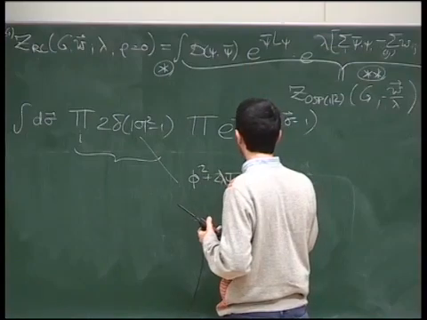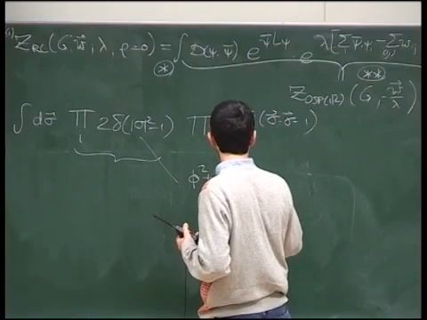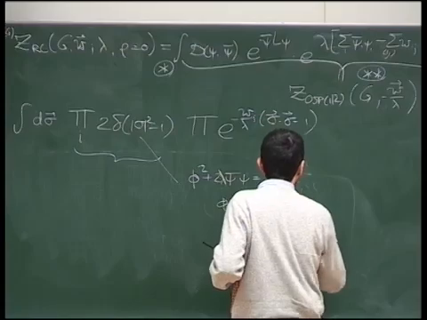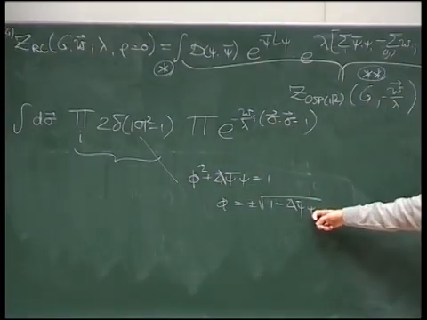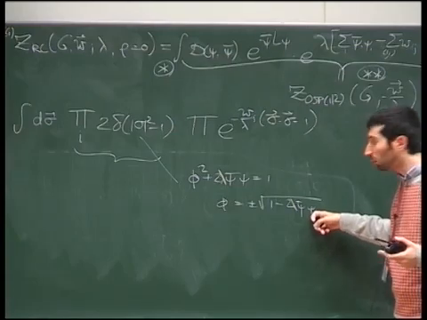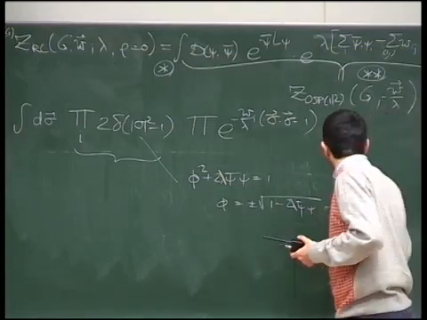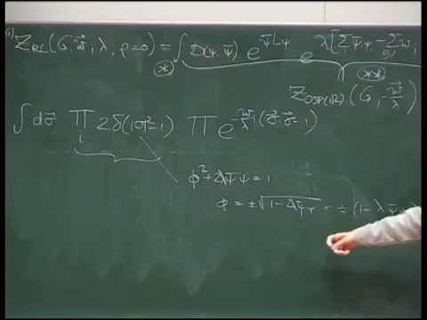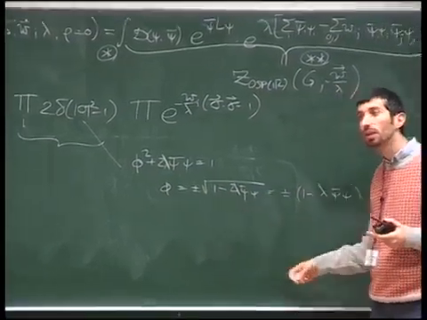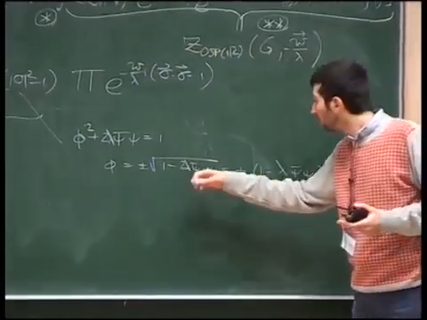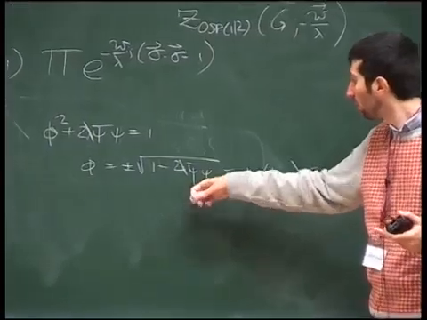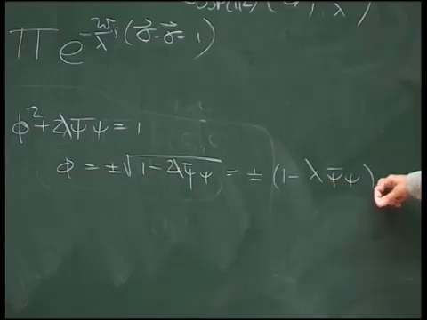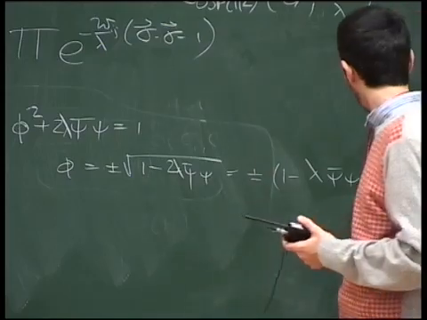So this is equal to 1, which means that phi is equal to plus or minus the square root of 1 minus 2 lambda psi bar psi. And you become addicted to Grassmann variables when you understand that this is just plus or minus 1 minus lambda psi bar psi. Taylor expansion of things which start with a constant is so easy: you just truncate the expansion at the degree of nilpotency of what is left, which is just 2. So this is true.